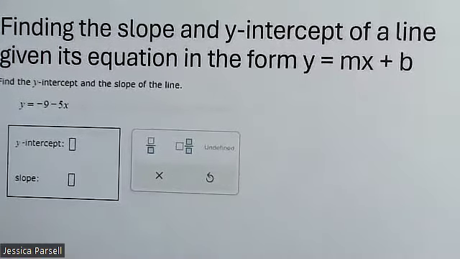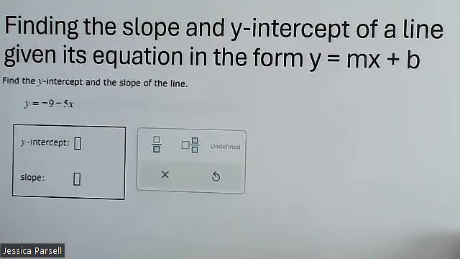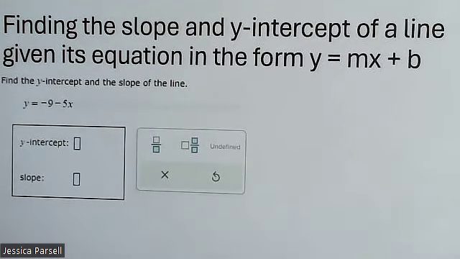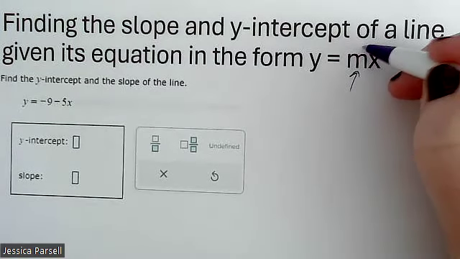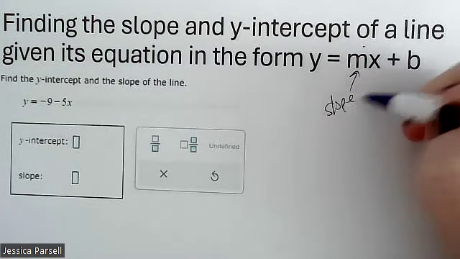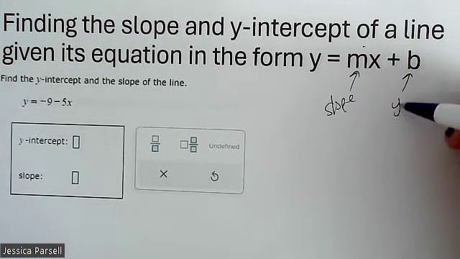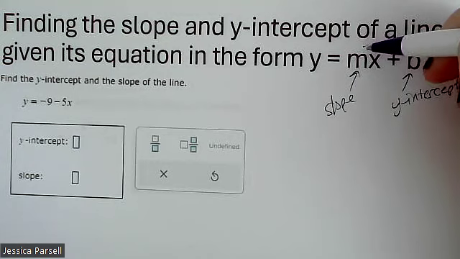Find the slope of the line and the y-intercept of a line, given its equation in the form y = mx + b. Okay, if something's written in this format, then your m right here is your slope, and your b is your y-intercept. Okay, so your slope is always going to be that.